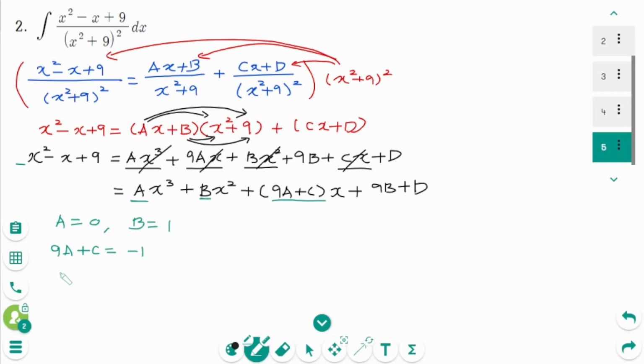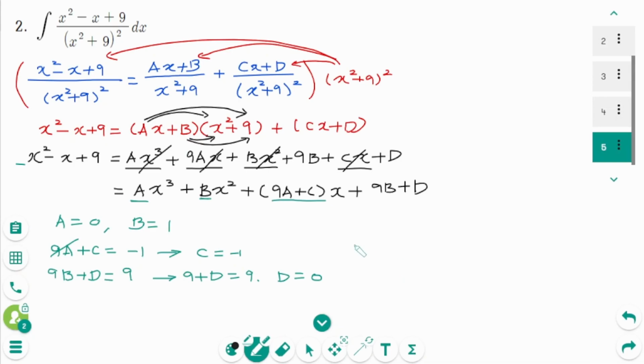Then this part, 9b plus d equals 9. From here a is 0, so c equals minus 1, and in here b is 1, then this part is 9 plus d equals 9, that means d equals 0.